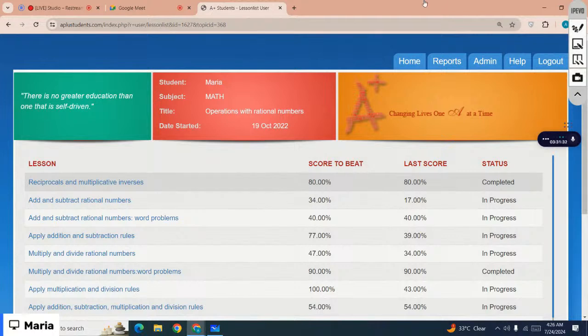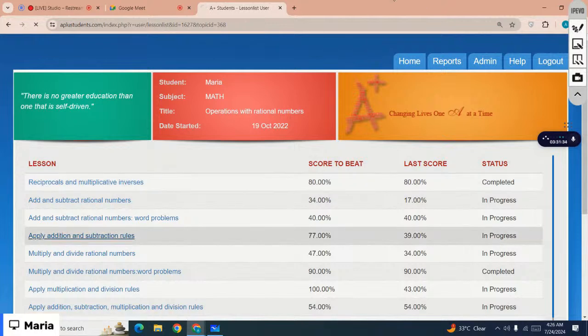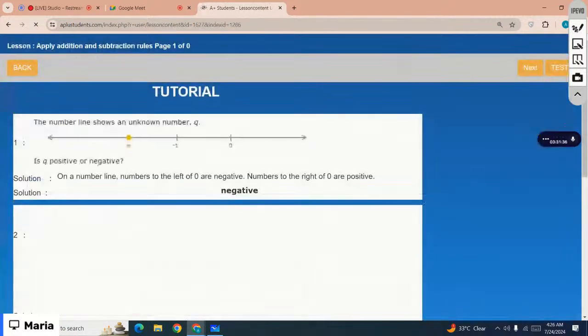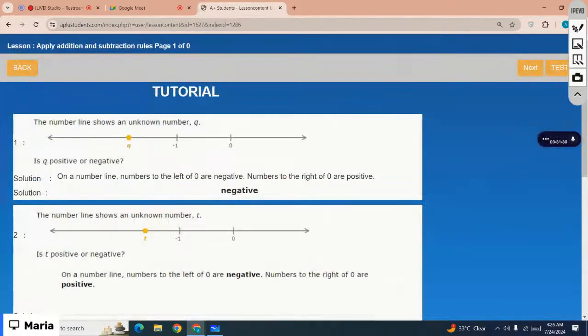The next lesson is apply addition and subtraction rules. Let's just start with the lesson. Okay, the number line is shown with an unknown number q. Is q positive or negative?